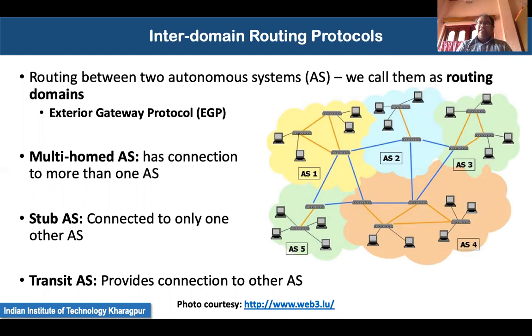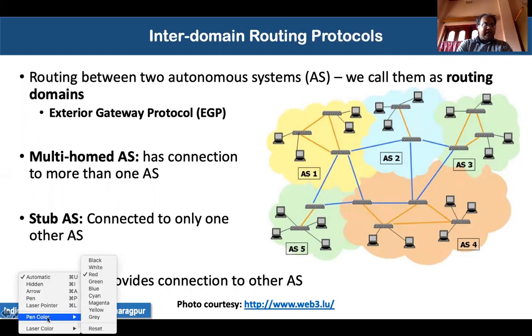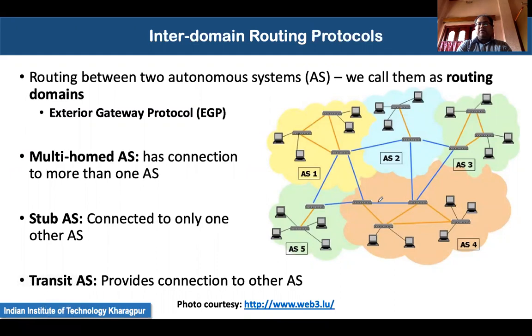The idea of the inter-domain routing protocol is that whenever you are moving from one autonomous system to another, think about the autonomous system hierarchy, like the diagram that I have shown here. The entire network is divided into multiple autonomous systems, and these are interconnected with the edge router, gateway router or border router, whatever you call it, which interconnects two different autonomous systems.